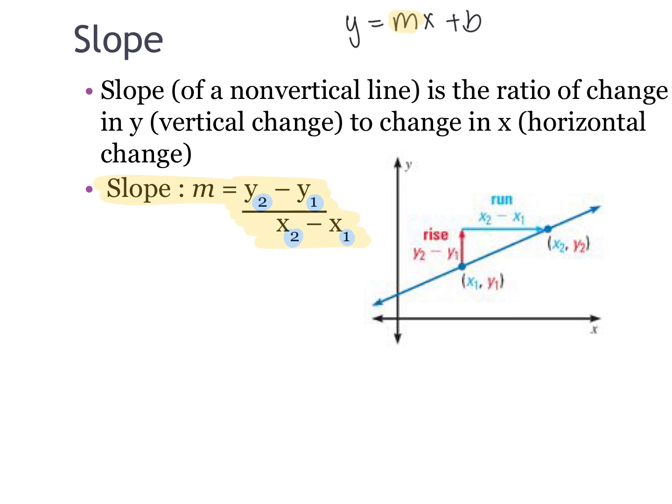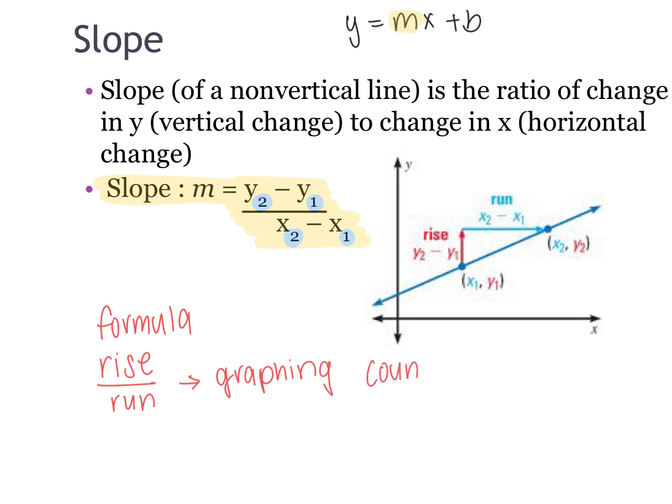So a couple ways you can find slope, or you are using slope. The first way, you're going to use slope in the formula. That is a highlighter. So slope you're using in a formula. I'm pretty sure you guys have heard of rise over run. So that's another way you can find your slope, and this is normally used when you are graphing. You could also count your rise over your run.